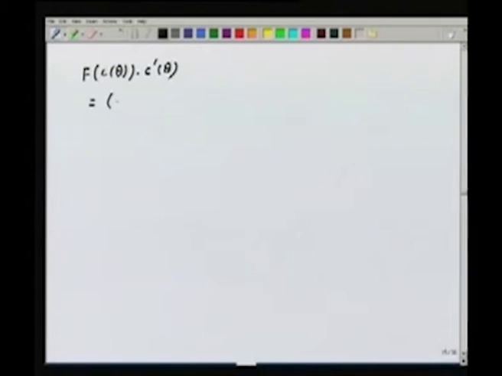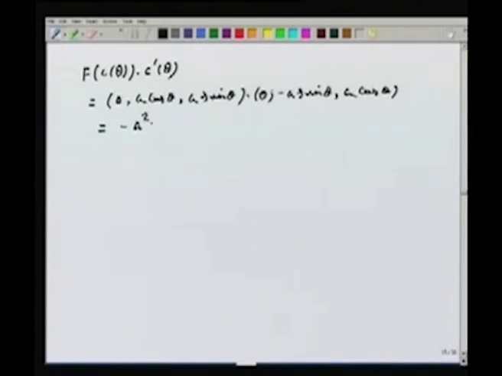That is 0, a cosine theta, a sine theta dot 0, minus a sine theta, a cosine theta. If I do the dot product, what I get is minus a square sine theta cos theta plus a square sine theta cos theta, that is equal to 0.